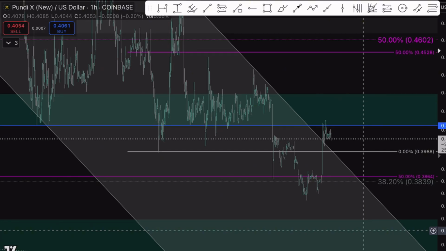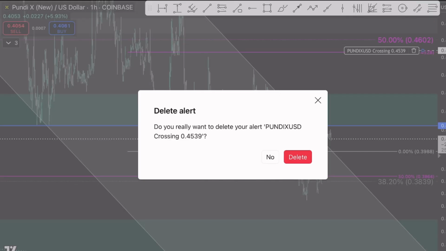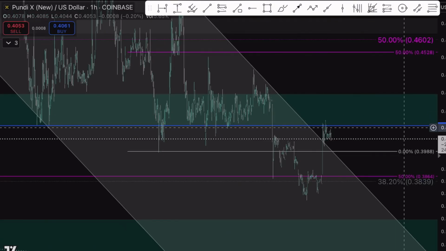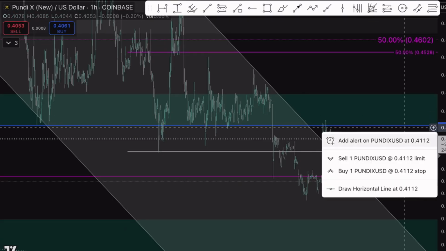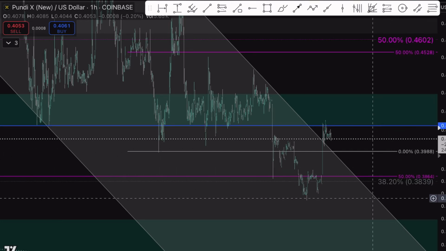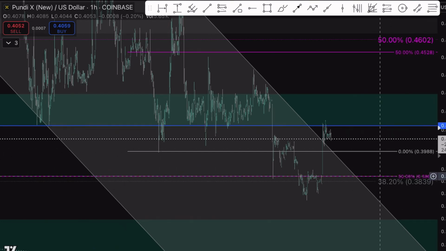I'll bring this alert down to here, right above that candle. I want to see this one. I would love to see this one come down to about right here, and then go back up to here. And let me see what that's worth.